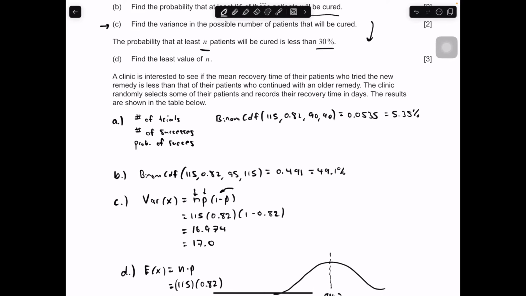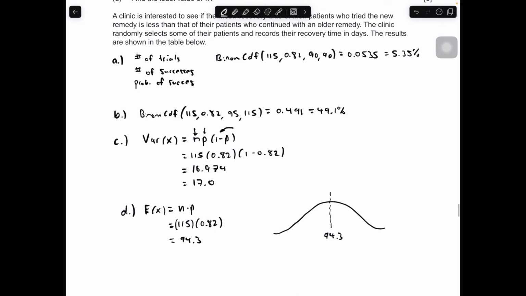is less than 30%. What are we asking? So there's an 82% chance that an individual patient is cured, and it's like, okay, well, what's the probability that we cure at least 10 patients? Well, there's 115 patients, and the chance of a patient being cured is 82%, so this is going to be quite high that we cure at least 10 patients.